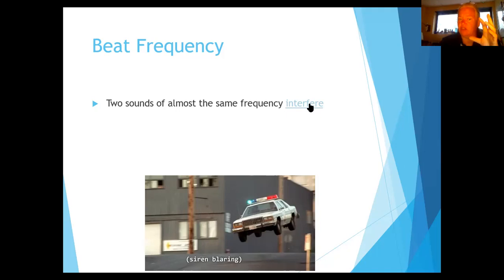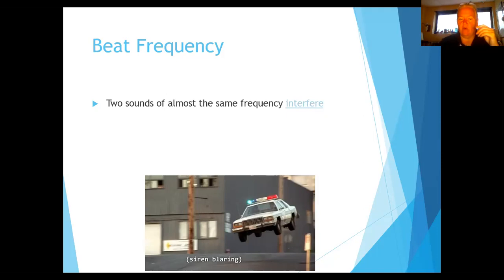Where they constructively interfere, you get a larger amplitude, then it decreases to almost nothing, and then it goes back up, and then decreases to almost nothing, and goes back up. These areas where you see these rings are the beats. So you would hear this loudness and softness and loudness and softness.